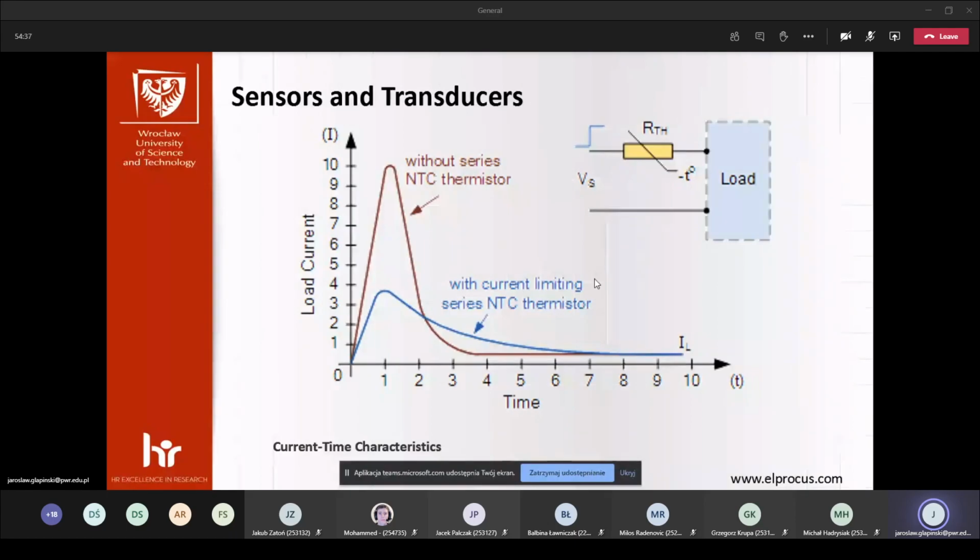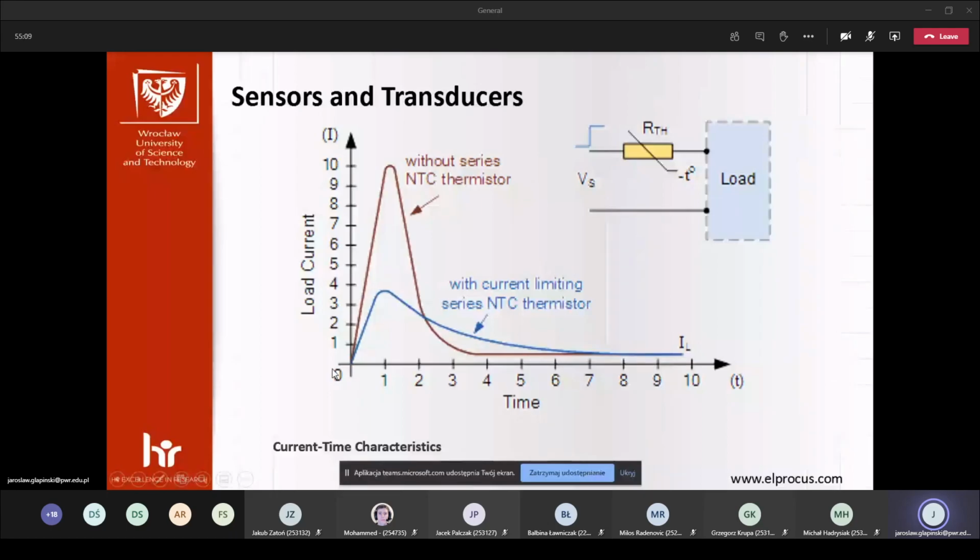So the thermistor is also used to protect the system from overcurrent or overheating. This is the chart of how an NTC thermistor behaves if we use it in series with the load. Of course, if the temperature increases, the voltage will decrease, but you can also have a time chart.